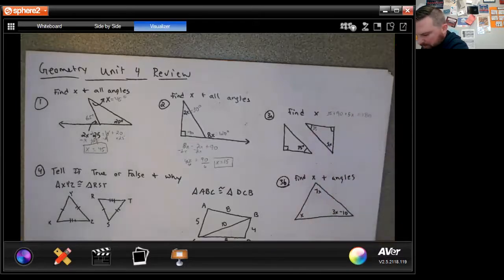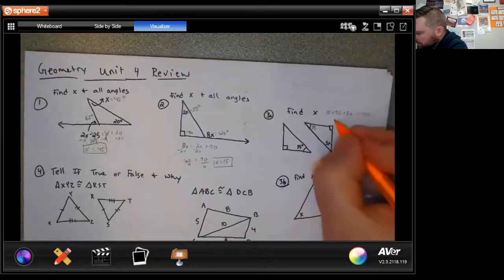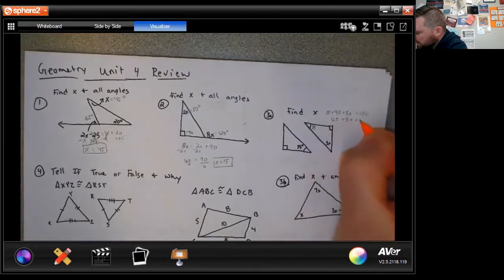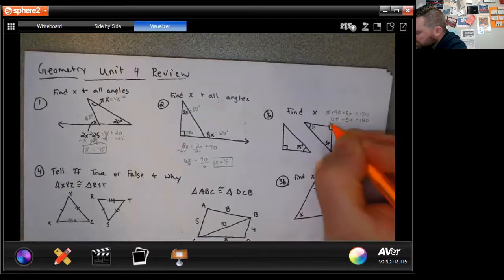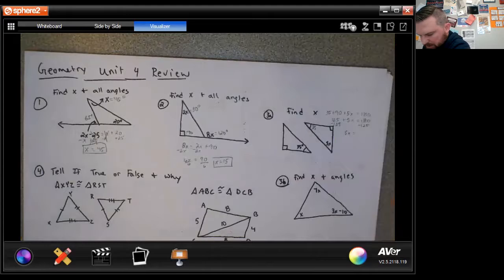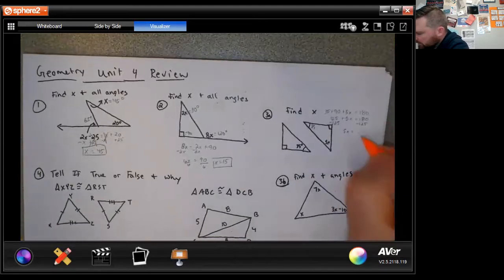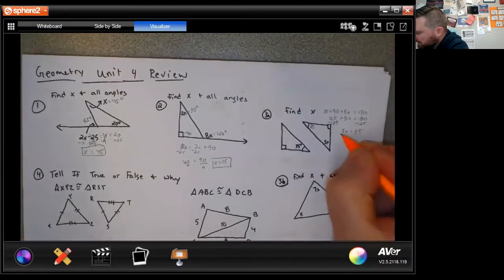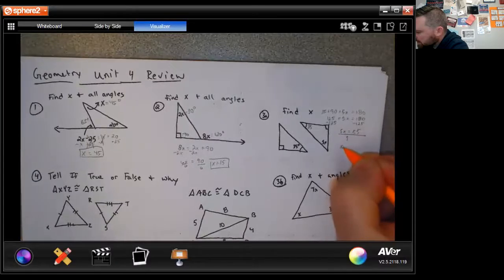So 35 plus 90 is 125 plus 5x equals 180. You're going to subtract the 125. 5x equals 180 minus 125 is 55. And divide everything by 5, you get x to be 11.